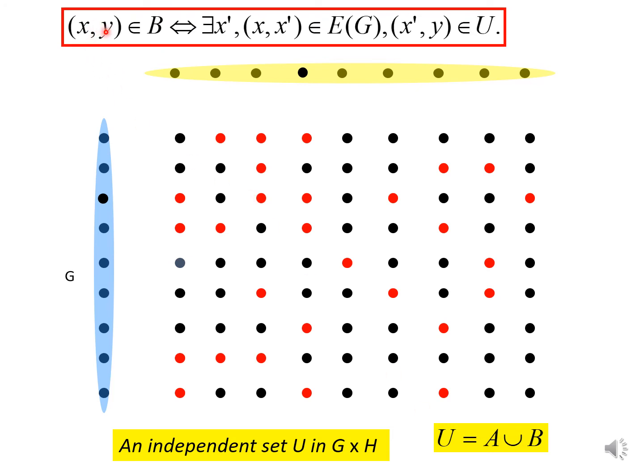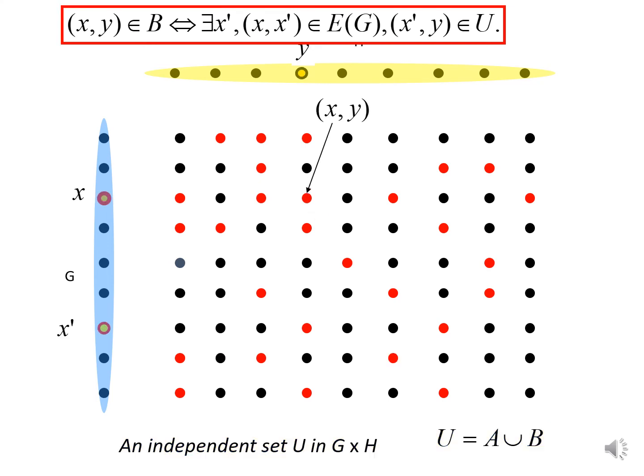Say this is a vertex of U. I put it into B if this happens: this is x, this is y, this is the vertex xy. I put it into B if I can find another vertex in the y column of this picture.